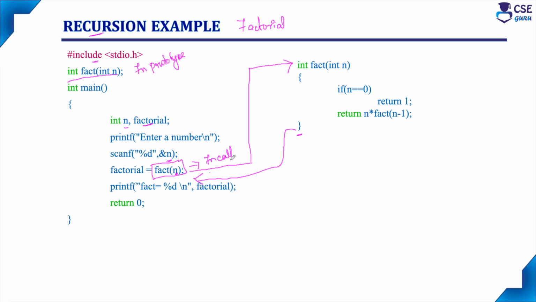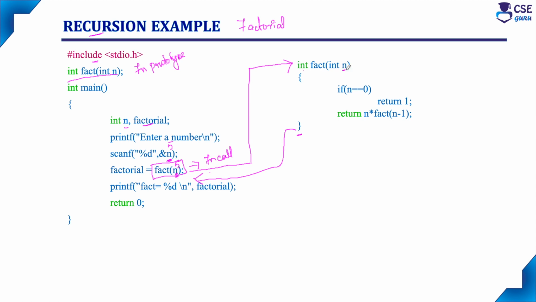This is the logic. Here we enter the n value, and n is the parameter we pass from the calling function to the called function. For example, if the n value entered is 5, the value 5 is passed from the calling function to the called function. This user-defined function is the called function, and this is the complete function definition.